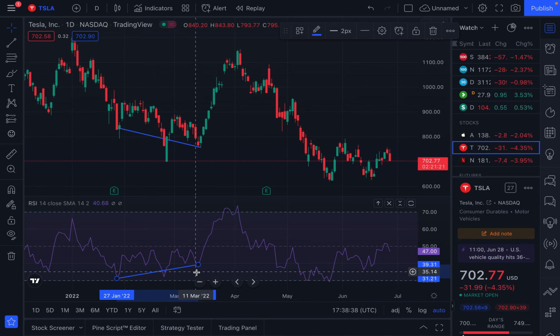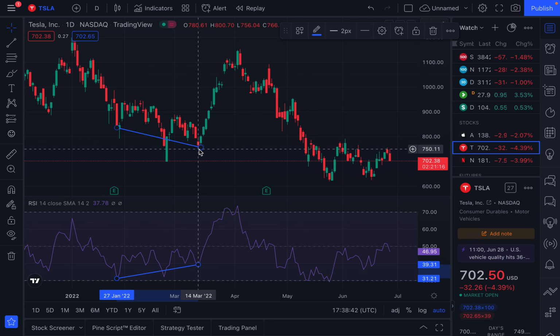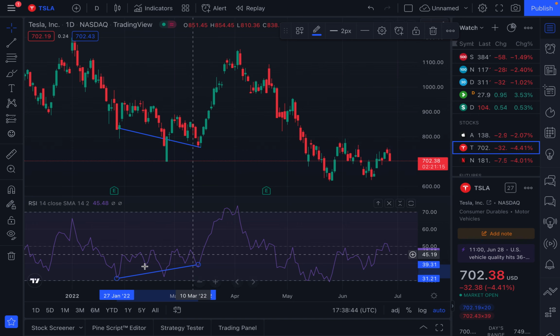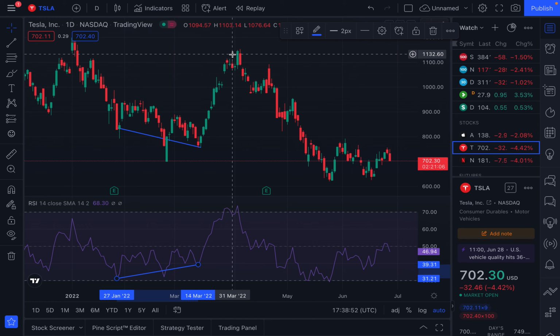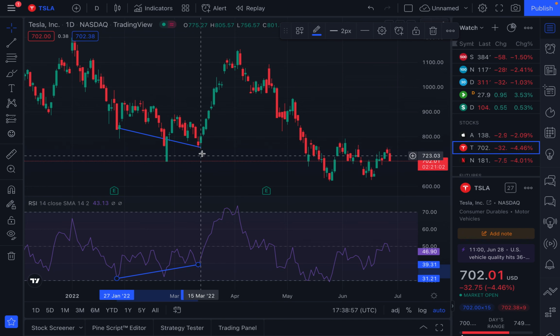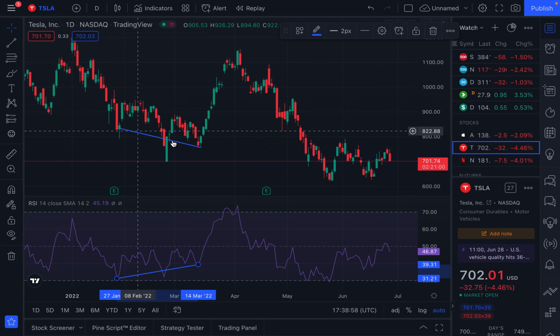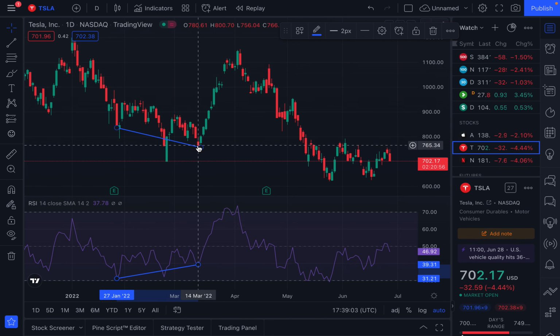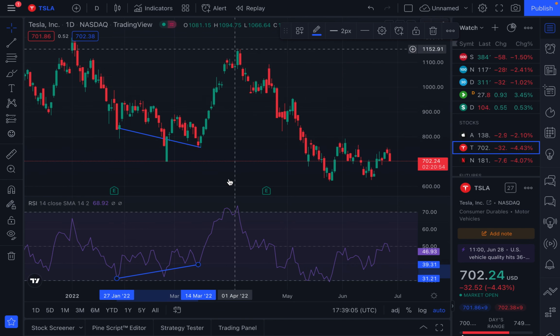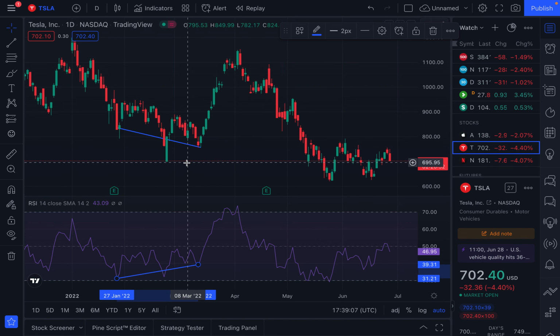The idea is that after this happened, price followed what the RSI was doing and immediately jumped upwards in order to correct this divergence. Again, the share price was going in a downtrend, but the RSI was going in an uptrend, and so the share price immediately shot up again to correct this potential divergence.